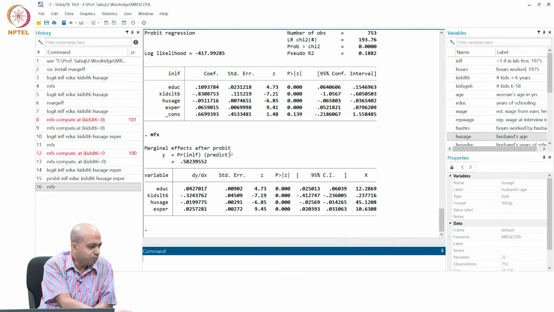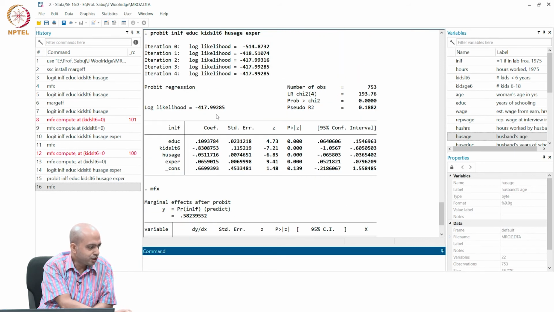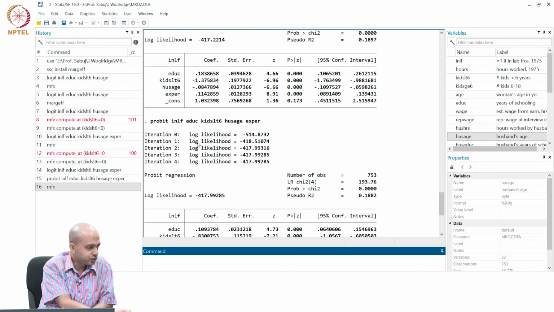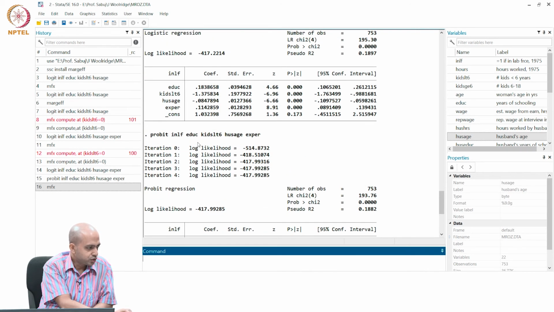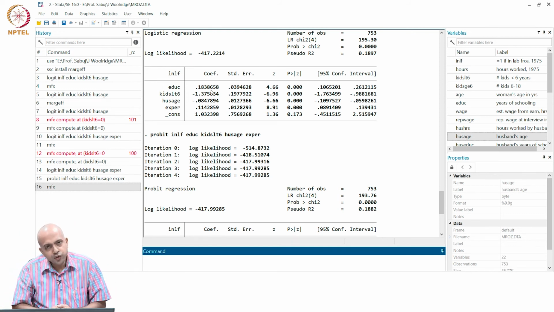Now, if you compare the Logit and Probit models, look at the coefficient here: the education coefficient is 0.10 in the context of Probit, but that was 0.18 in the context of Logit. So, the coefficients of the Probit model and the Logit model are not directly comparable.